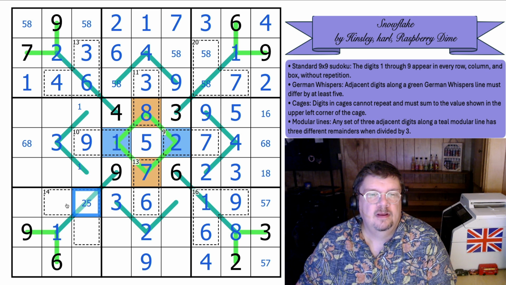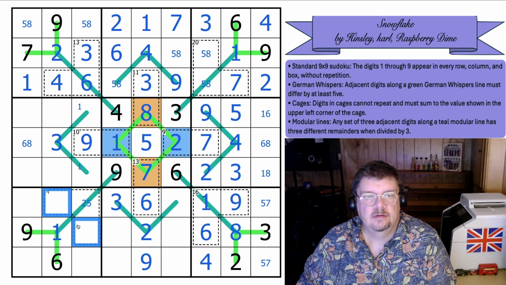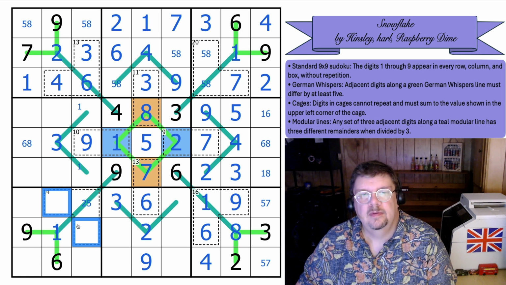If this were 5, these need to add up to 9. If this were 2, they add up to 12. It feels like there's still a lot of options there. Maybe that's not the place to look.